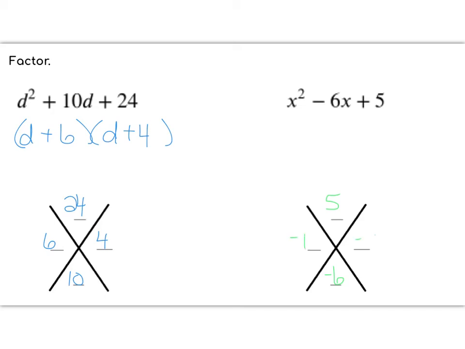I think it's -1 and -5, right? -1 times -5 is positive 5. -1 plus -5 is -6. So I'm going to write my two binomials. I'm going to use x, since that is the variable in this trinomial, and I'm going to have x minus 1 and x minus 5, since they were both negative. And always remember, you could re-multiply this and you should get x squared minus 6x plus 5.